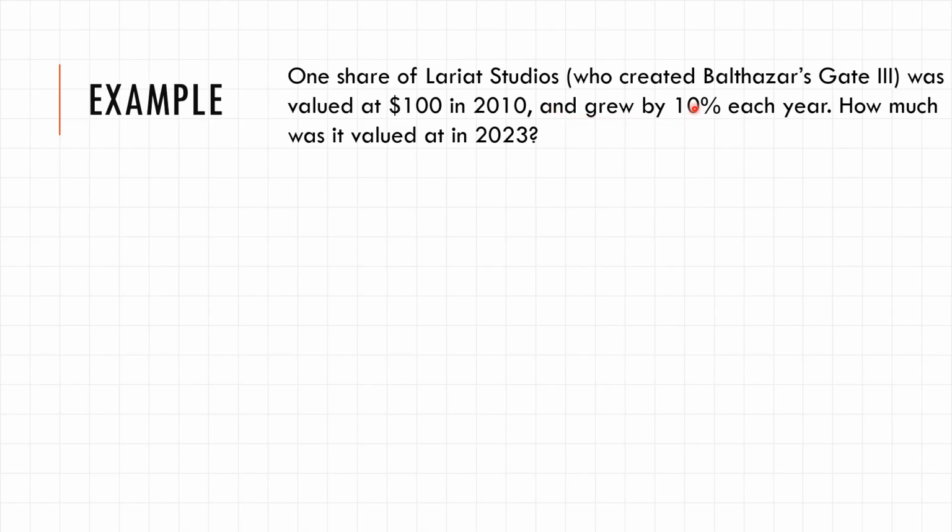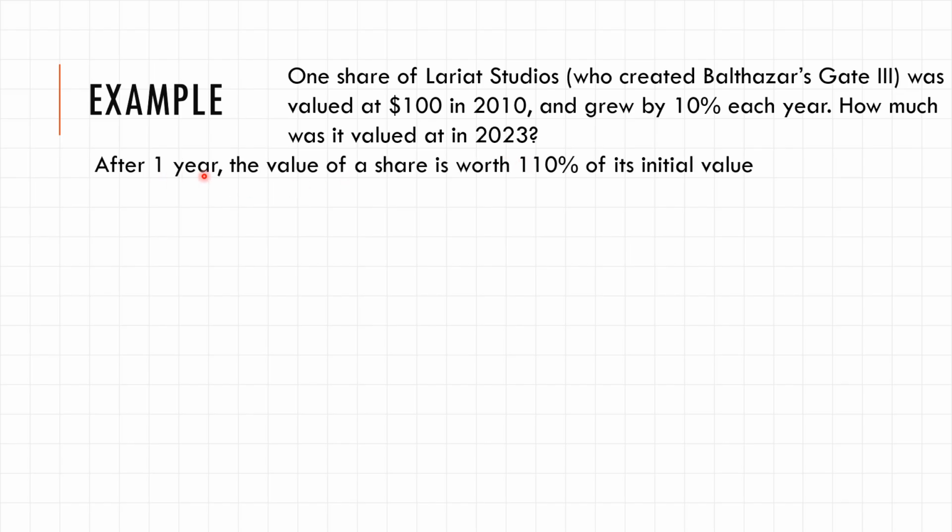And every year they're willing to pay you 10% more than what you paid. So your share was worth $100 in 2010. How much was it worth in 2011? And eventually we'll extend this to find out how much it is valued at in 2023. So after 1 year, in 2011, the value of your share is 110% of its initial value.